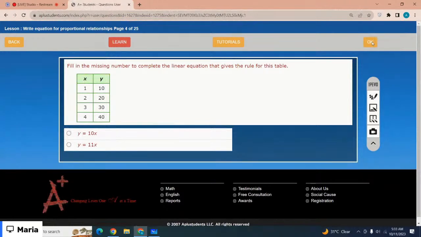Fill in the missing number to complete the linear equation that gives the rule for this table. So which is the correct option? Which option is the correct one?